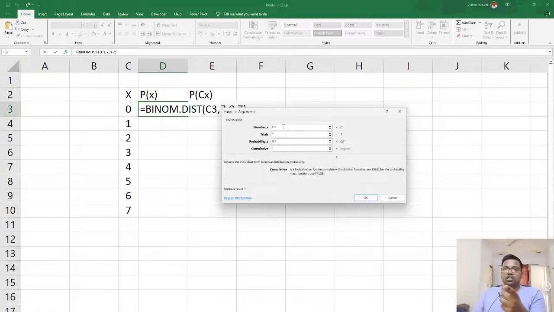For this example, when we give it 0, it will calculate only for 0. When we provide 1, it will calculate only for 1, and when we provide 2, only for 2.